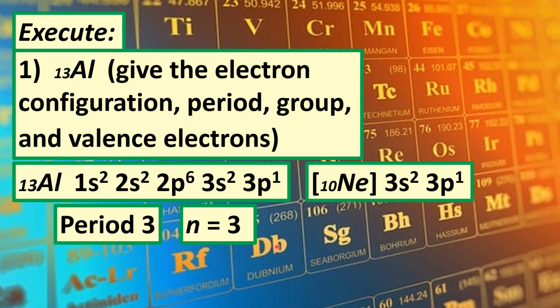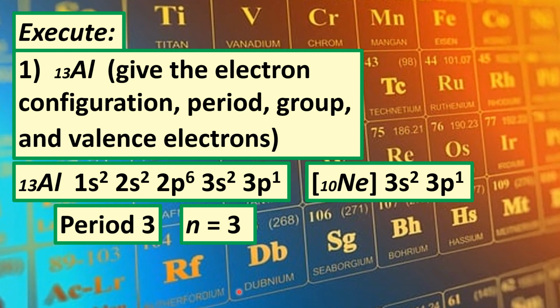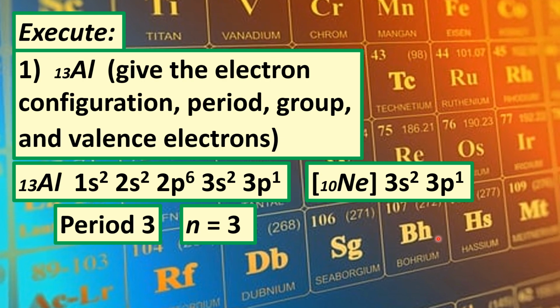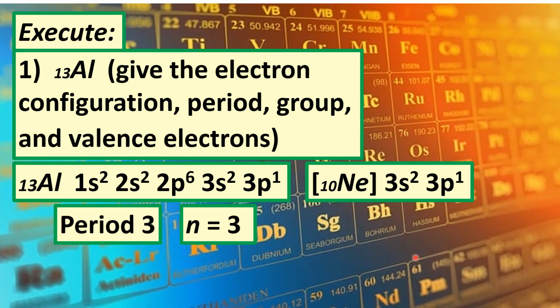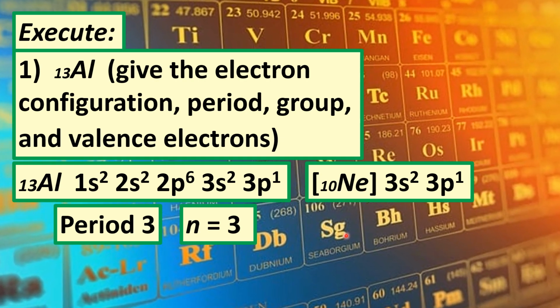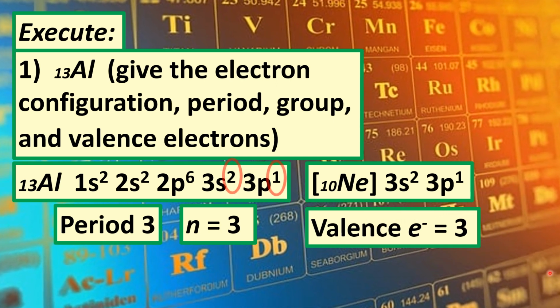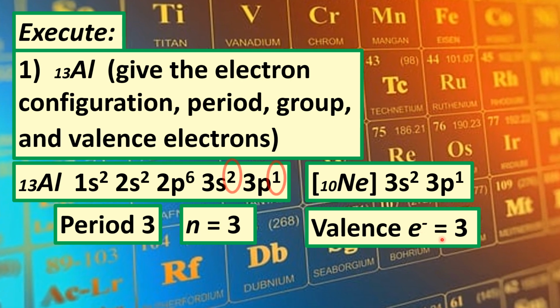And for the group number, we first count what is the valence electrons of aluminum as shown in this configuration. So there it is. The valence electrons is 3. What does that mean?